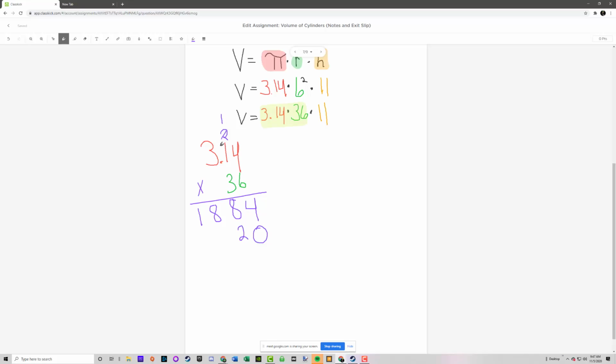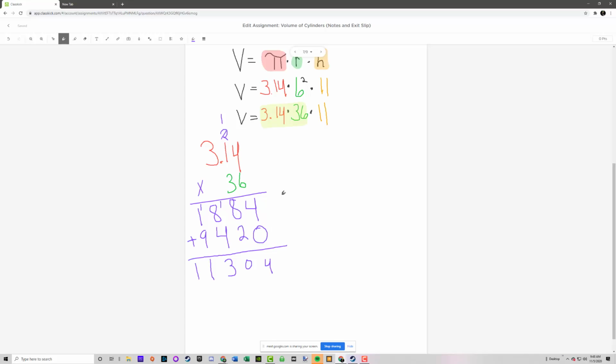Carry the 1. 3 times 1 is 3, plus 1 is 4. And then 3 times 3 is 9. Add it all together, and we get 4. We get 10. We get 13. And we get 11.